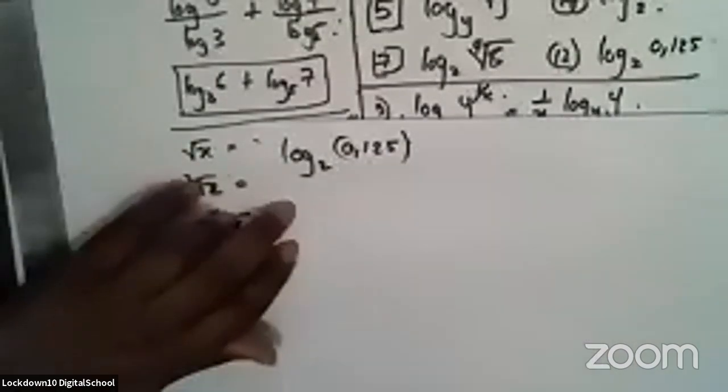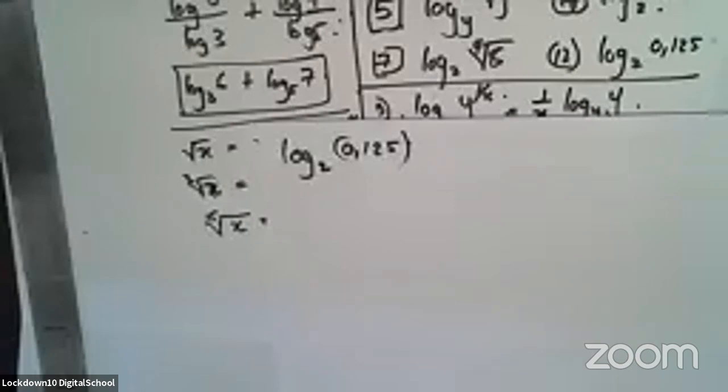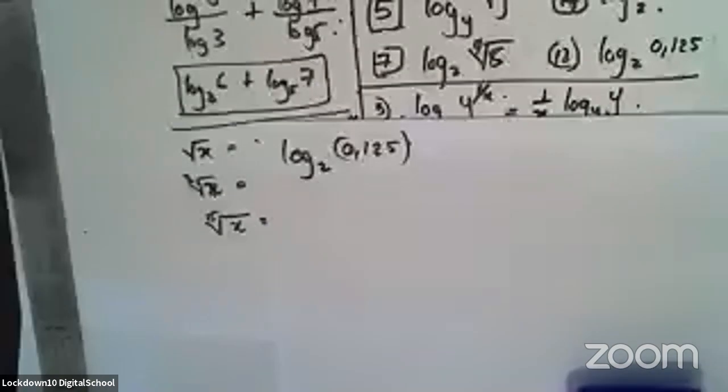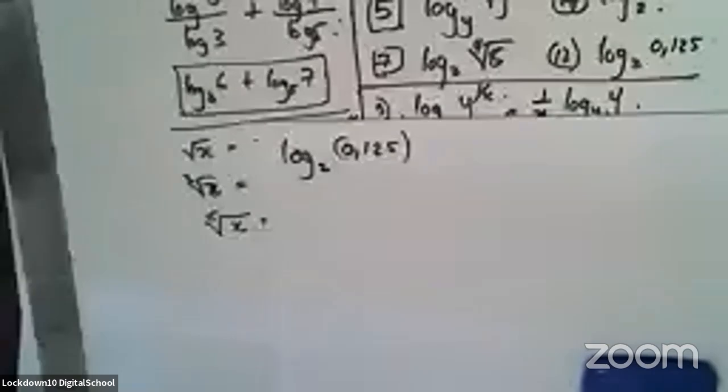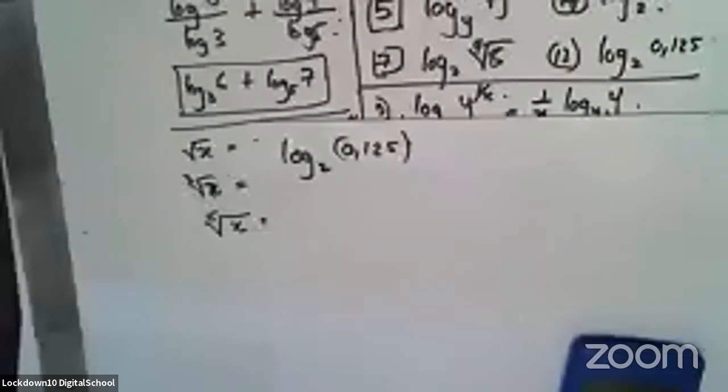So the question now is, what is 0.125? 0.125 is a decimal. How do we express it as a fraction?